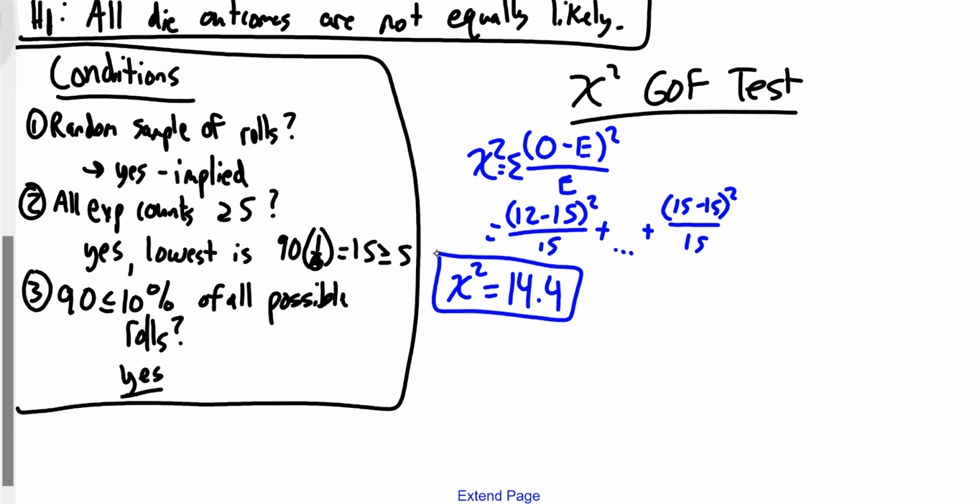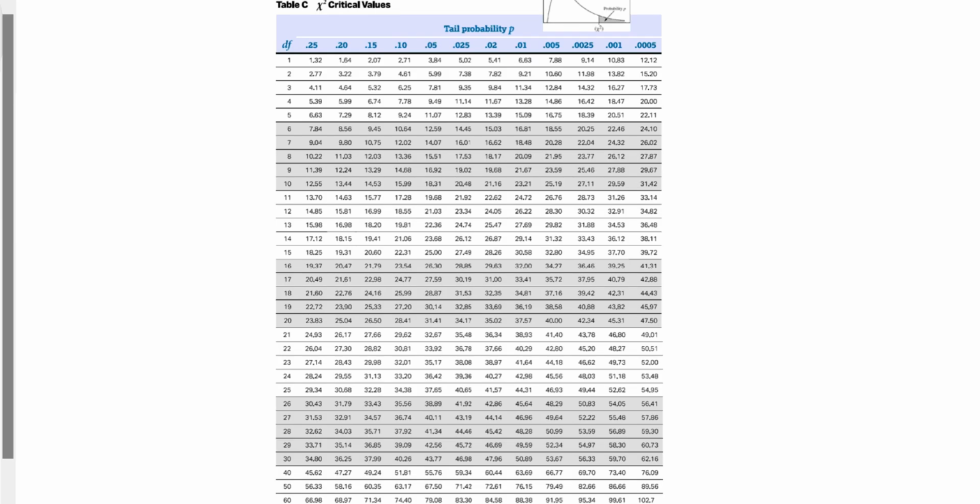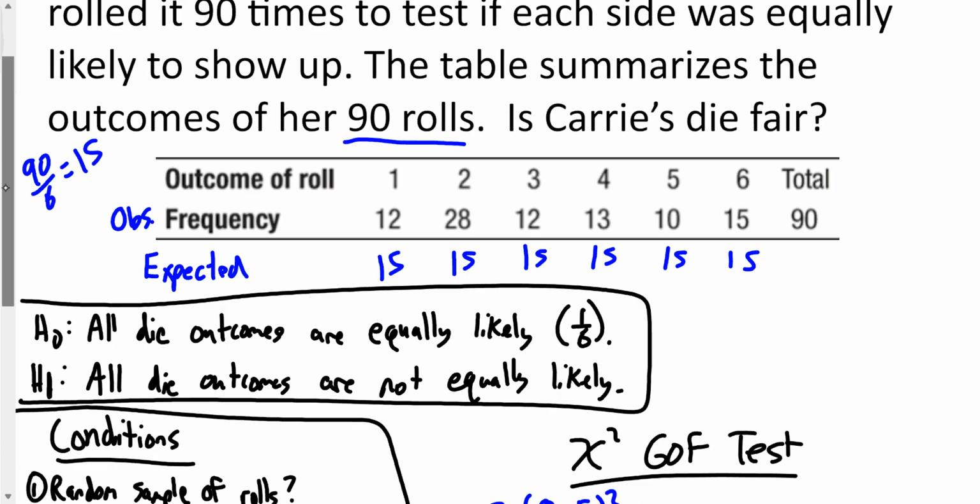Okay? Now, is that a big value? Well, we either have to go to my table, which is table C on your formula sheet, and I can find 14.4, but with degrees of freedom of 5. So it's number of categories minus 1. If I go back here, the number of categories is 6.